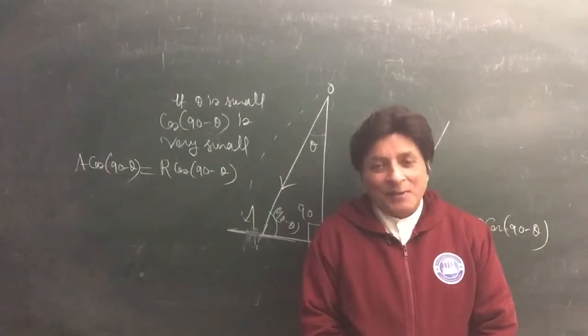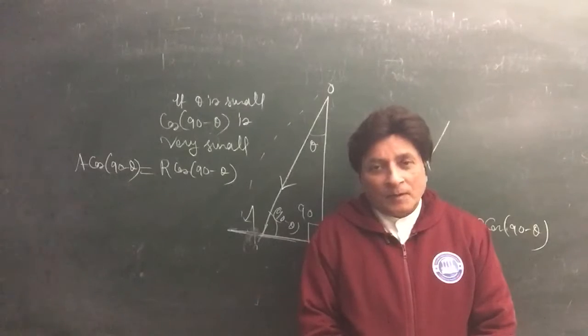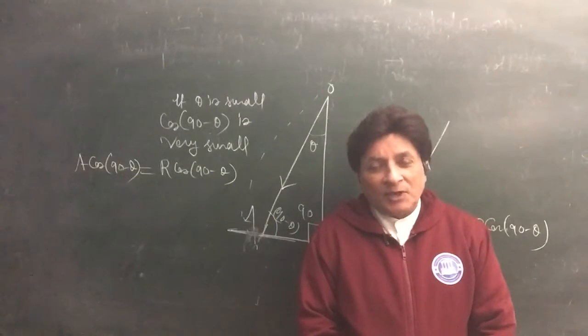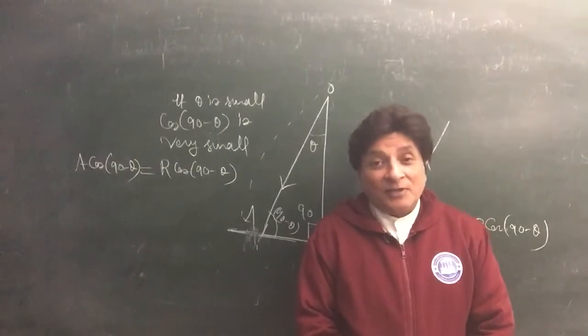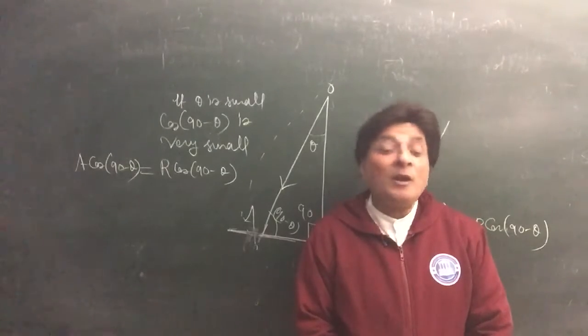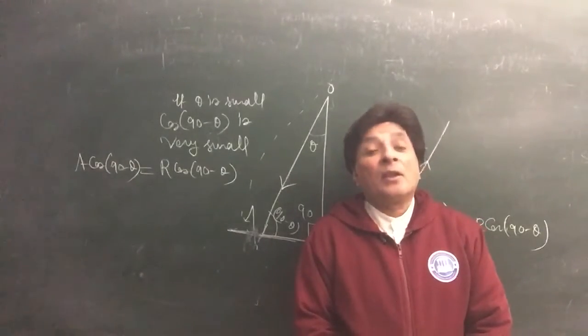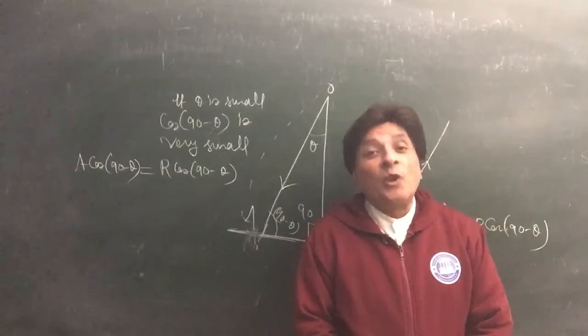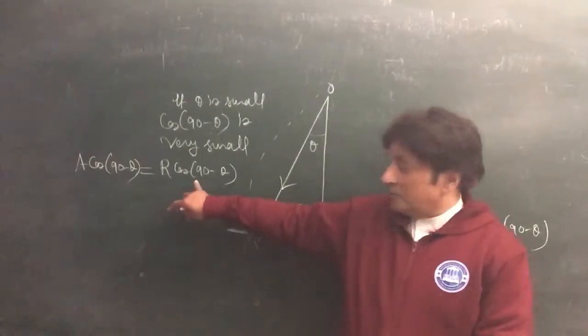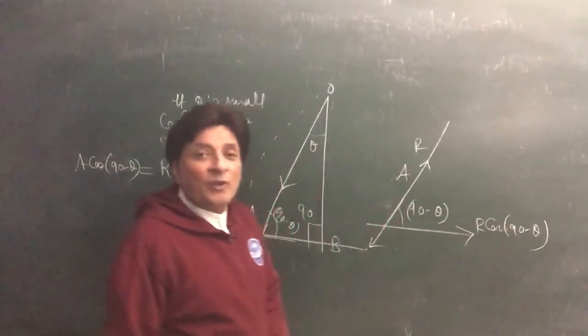Once again, I will say, if you take a small step, then the angle 90 minus theta will increase. If theta is small, 90 minus theta will increase. As a result, cos will decrease.